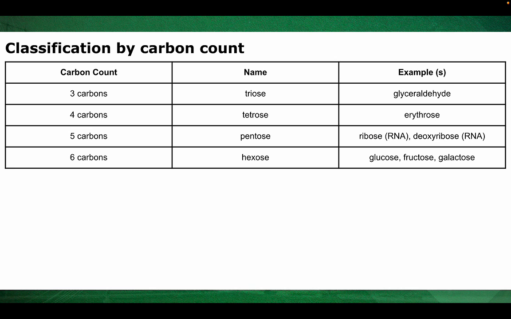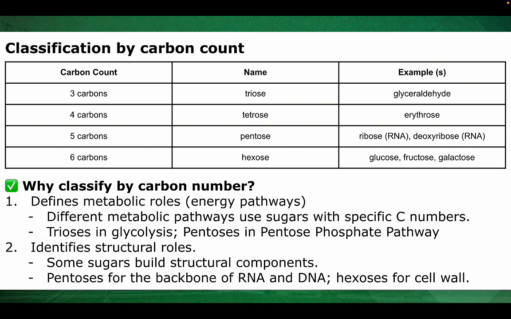Now, the other way to classify monosaccharides is by the number of carbons they have. For example, you have 3 carbon atoms. That is what we call a triose. 4 carbons means tetrose. 5 carbons means pentose. This is important because the carbon count helps define the sugar's role in biology.